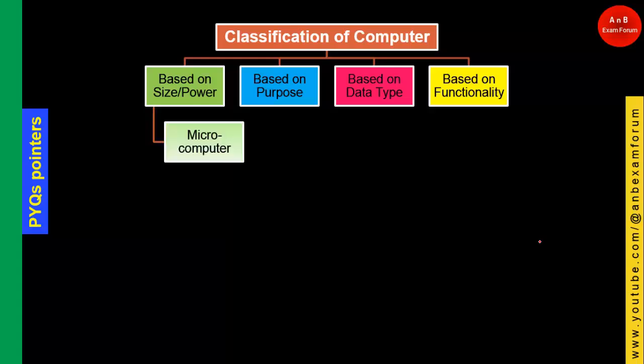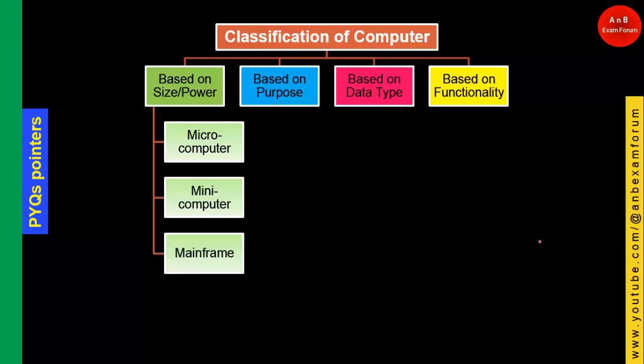And if you see the classification of computers on the basis of size, there are basically 4 classes: the microcomputer, minicomputer, mainframe computer, and the supercomputer. What these are and how they are different from each other, we are going to see in today's class.